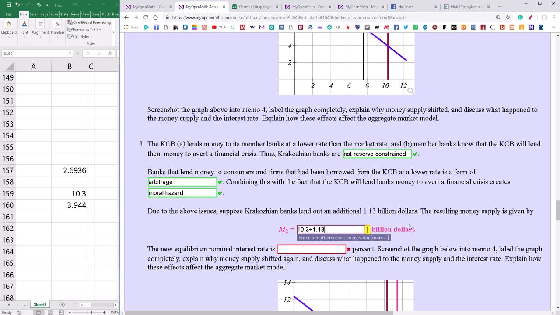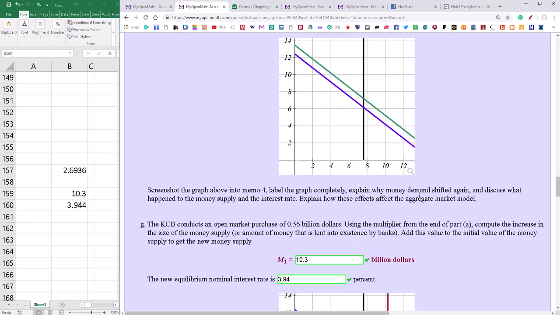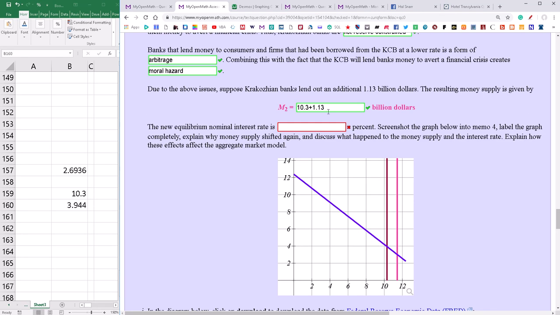They can simply lend over $1 billion to people, and know that the central bank will bail them out if there's a crisis. So the money supply ends up increasing to this value. We'll hit enter to see if it's correct. Yeah, it's correct. So let's just get the correct value over here in Excel.